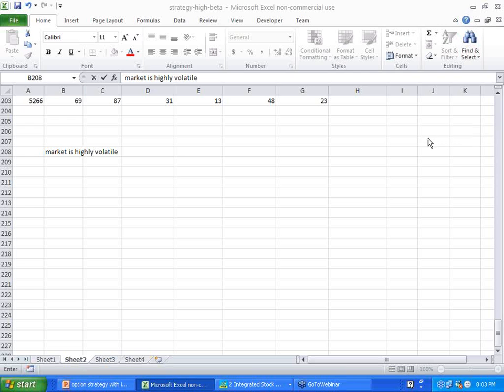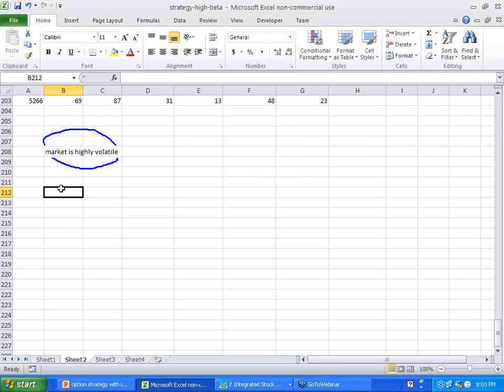So this says volatility is high. If I can form an option strategy that is volatility neutral, then my money is protected. High volatility may result in losses in my money.